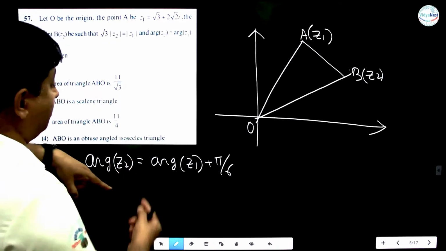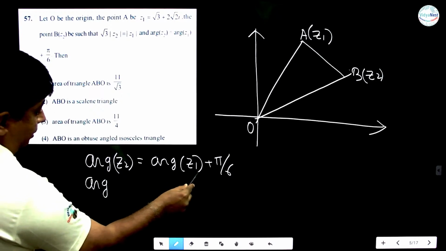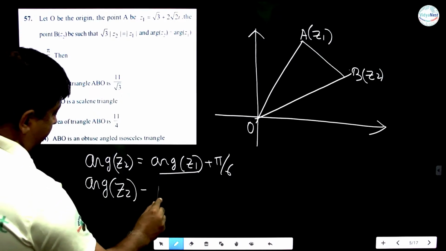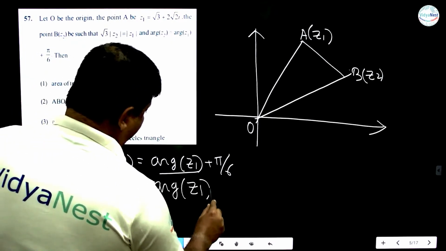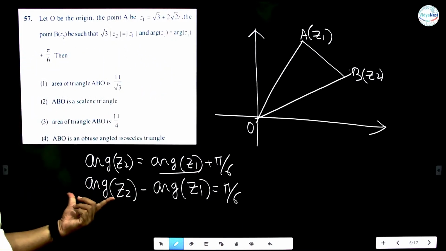You have to comprehend. That is the main part of this sum. See, you drag this part in left hand side. That is π/6. What is argument of Z2?